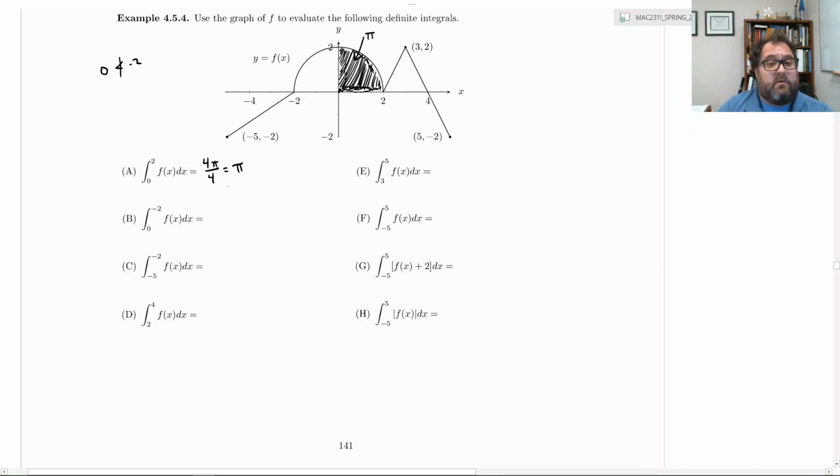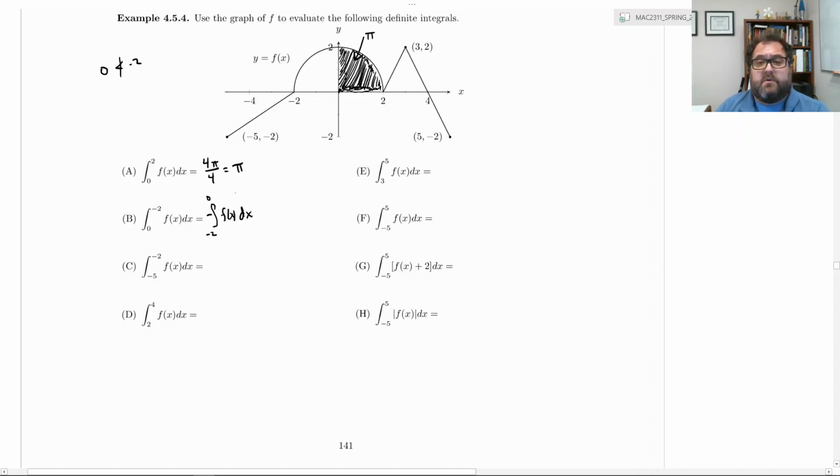So we need to use the limit reversal property and say this is equal to the definite integral from negative 2 to 0 of f of x dx, but we need a negative sign out front. Why must we do this? Because we're about to use geometry.